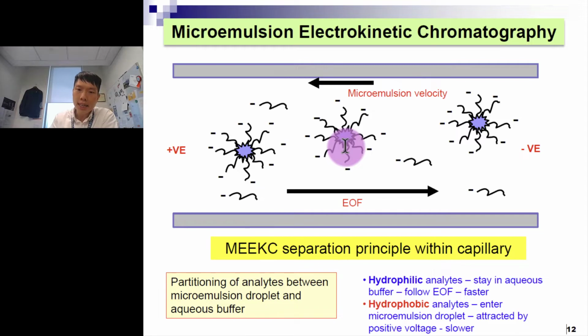For a hydrophilic analyte, it will stay in the aqueous phase and follow the EOF and have a faster migration. For the hydrophobic analyte, because it entered the microemulsion droplets, it's big. Now it also has more charge. It gets attracted by the cathode here, and that's why it's slower, because it gets pulled back.